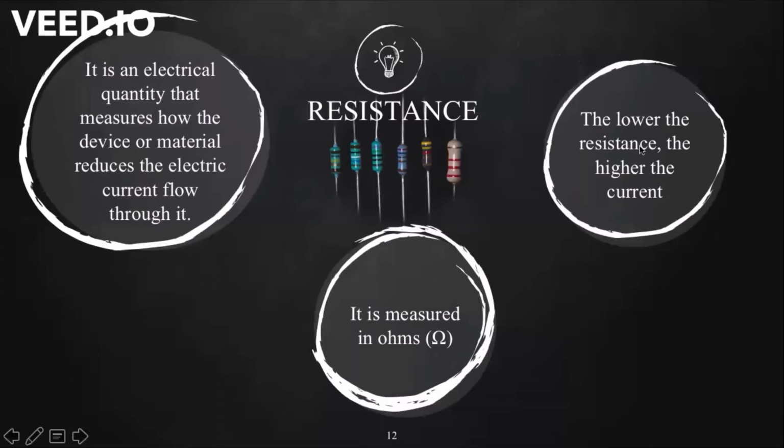So that's what it says here. The lower the resistance, the higher the current. So if, for instance, you have a resistance which has a very high value, then the current that passes through it will be very low, and vice versa. If the resistor has a low value, as mentioned here in the slide, it has a higher current passing through it.